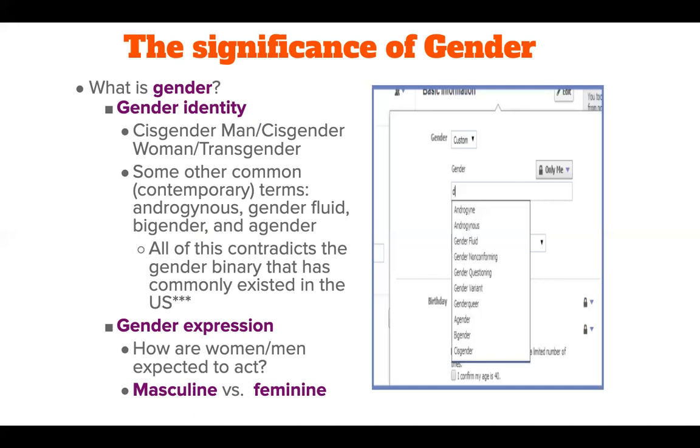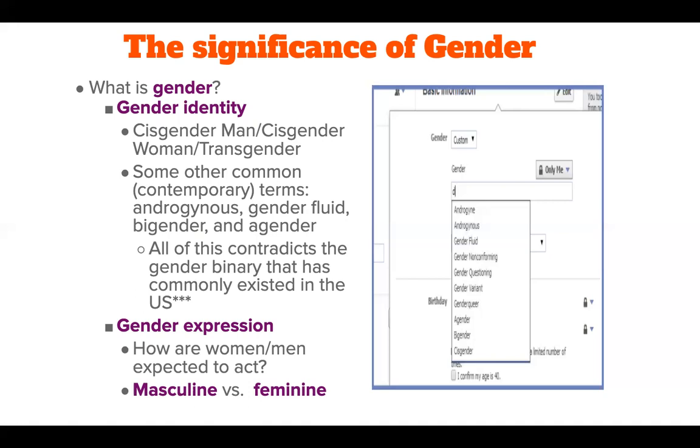Bigender: you equally identify as both. Agender: you reject the concept of gender totally, and do not perceive yourself as having a gender and do not claim a gender identity. Androgynous is usually used in regards to gender expression, that you present yourself in a gender neutral fashion, not overtly feminine, not overtly masculine.